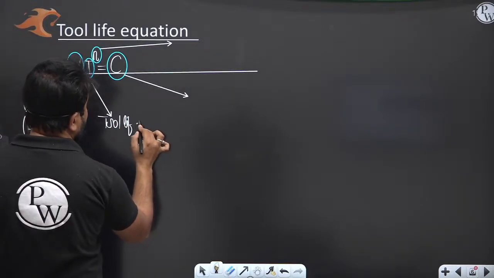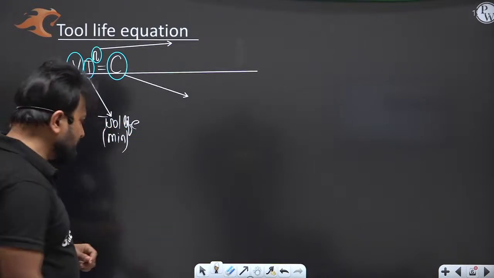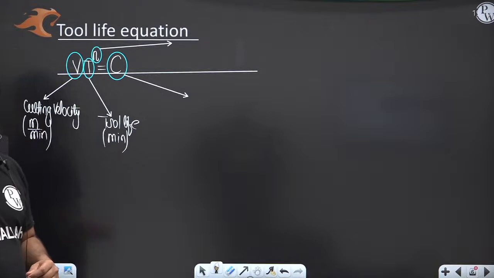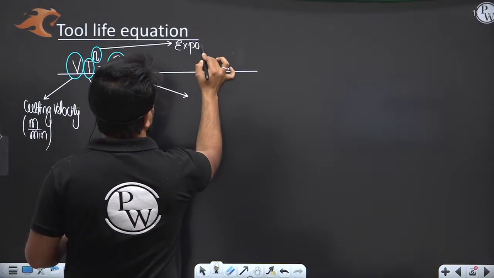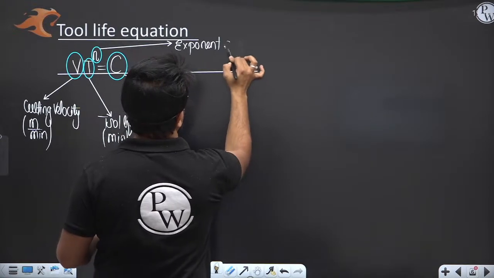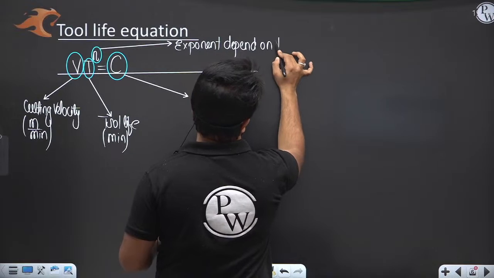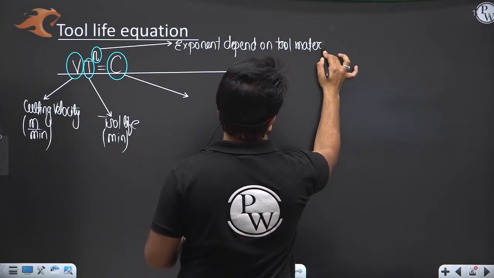And n is what? The tool exponent. It is the exponent that depends on the tool material.